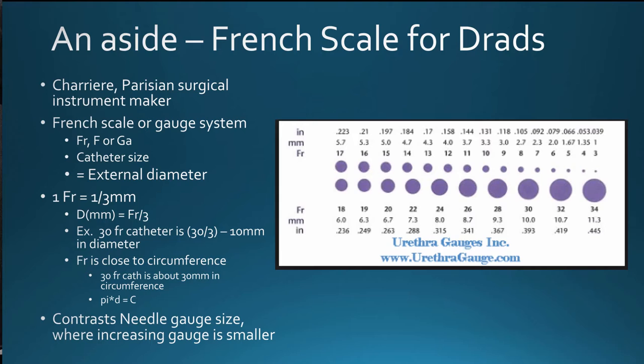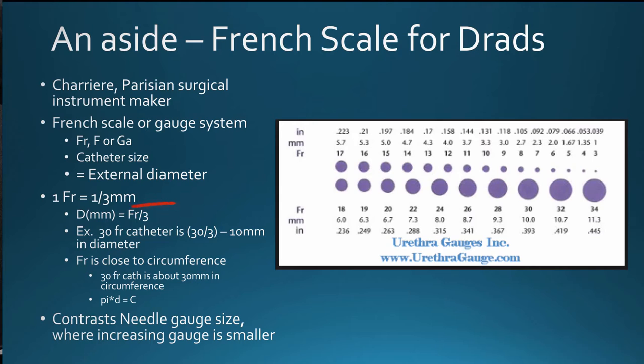Just as a quick aside for the diagnostic radiologist who may not deal with catheters on a daily basis, I have at times been consistently confused with French terminology regarding catheter size, or the French scale, appropriately originally created by a Parisian surgical instrument maker.